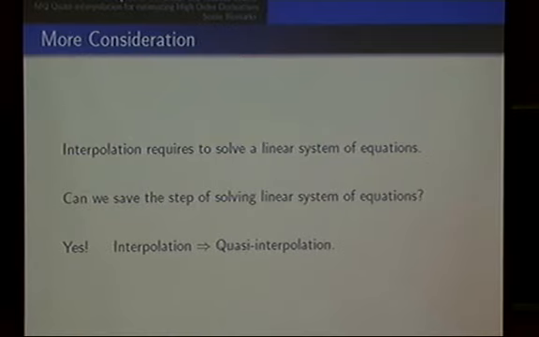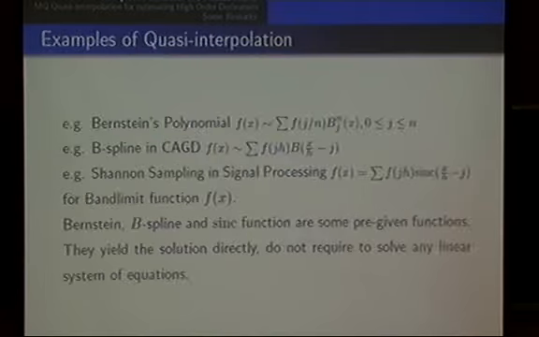The interpolation requires solving a linear system of equations. And I will ask, can we save the step of solving a linear system of equations? The answer is again yes. We use quasi-interpolation. We do not use interpolation, however, we use quasi-interpolation.